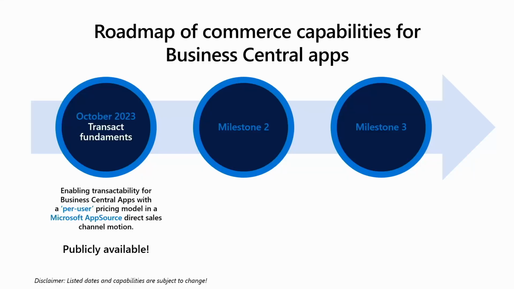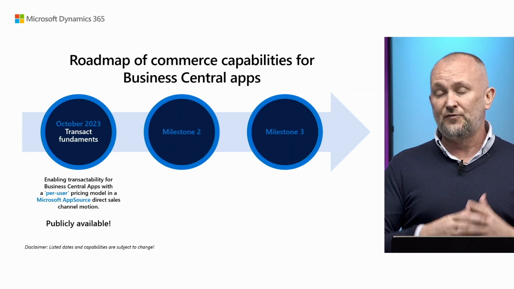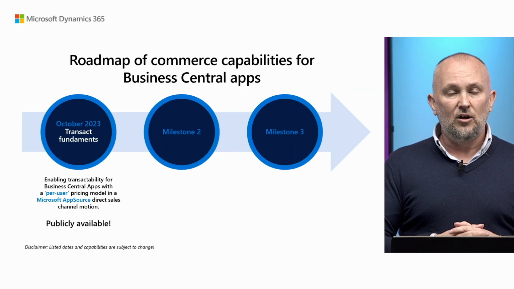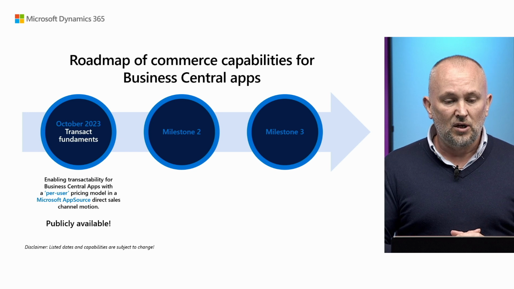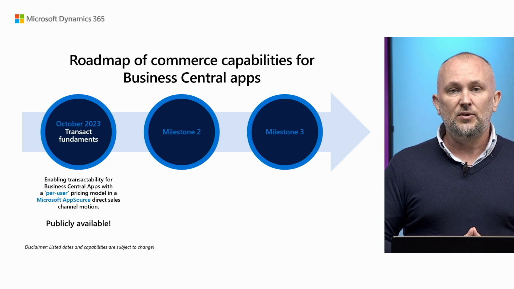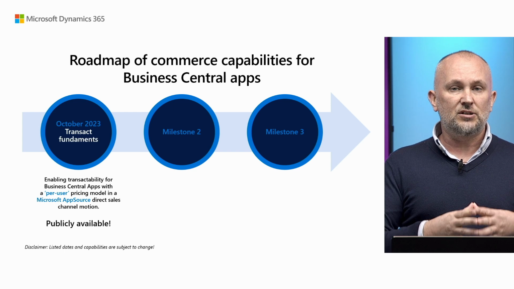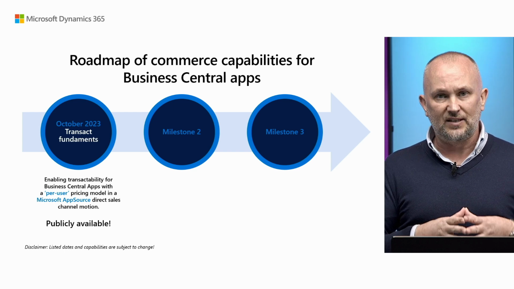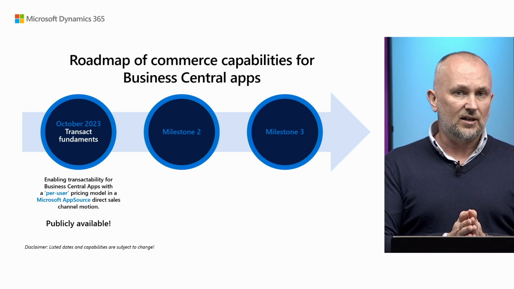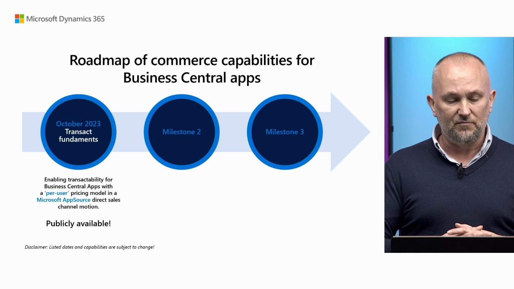All right, so let's go to the roadmap, because we're supporting ISVs in a couple of ways. And we've done 2 waves at this moment in time. Peter is going to show the first wave of the things that we've made available. Approximately 6 months ago, in October 2023, we made sure that customers can buy solutions directly from an ISV using their credit card or using a Microsoft billing system.